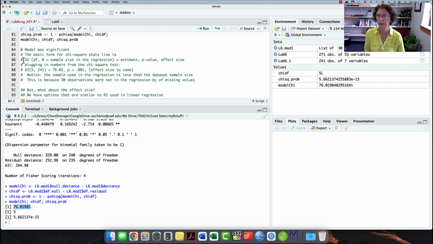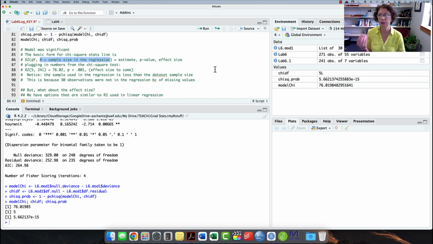So the way we would write up our chi-square stats line, this is the general form for it. You tell your reader the chi-square, what test is being run. You tell your reader the degrees of freedom, which we have, our sample size in the regression.